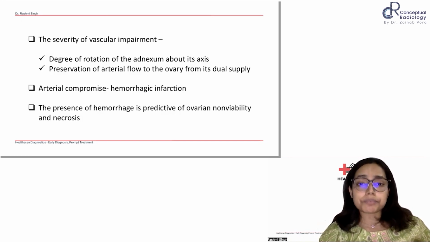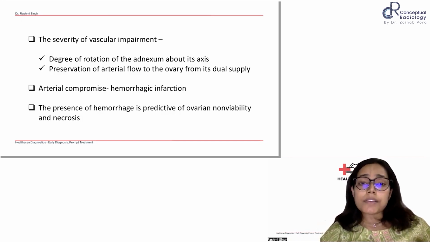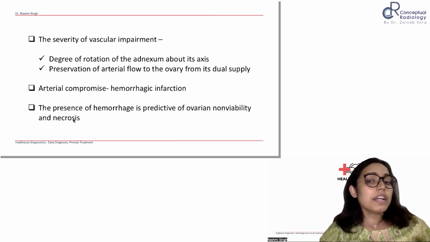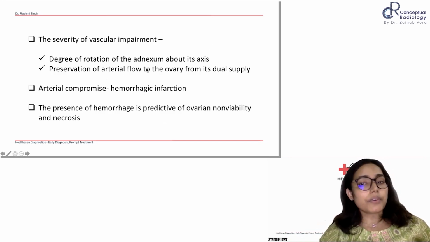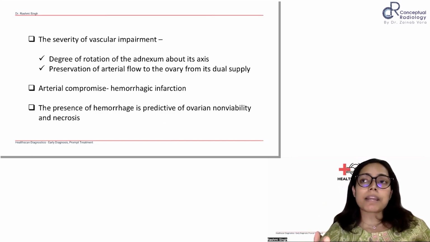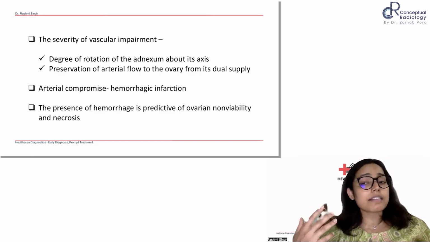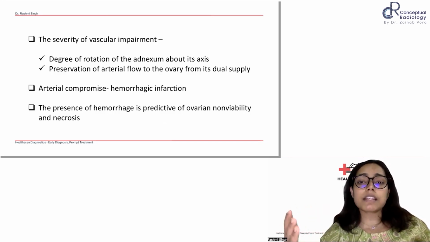So these are the sequence of events which happens in adnexal torsion. Now, how can we assess the severity of vascular impairment? It is often the degree of rotation around its axis. The ovary, as you know, has a dual supply. It gets blood directly from the ovarian branches as well as the ovarian branch from the uterine artery.